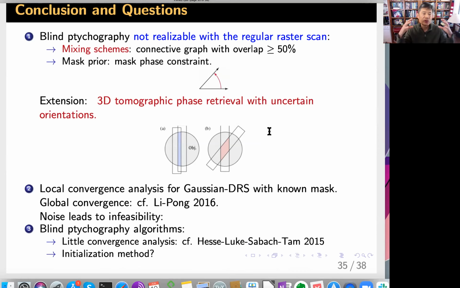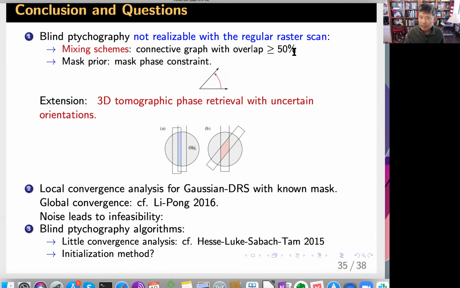It needs a certain type of irregular scan that breaks the group structure, basically, okay, that we call mixing scheme, and that will demand the connected graph, the measurement graph, have overlap, roughly speaking, slightly greater than 50%.